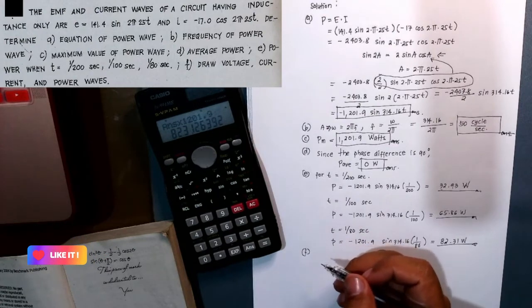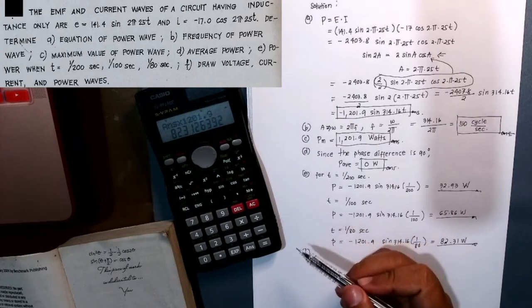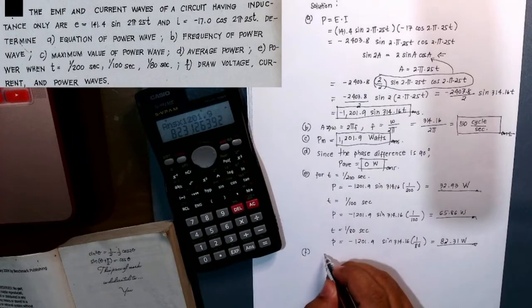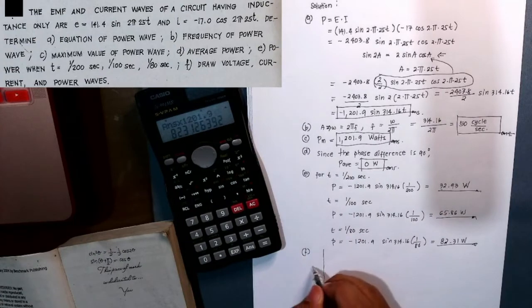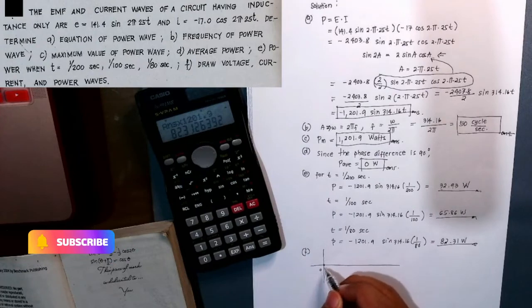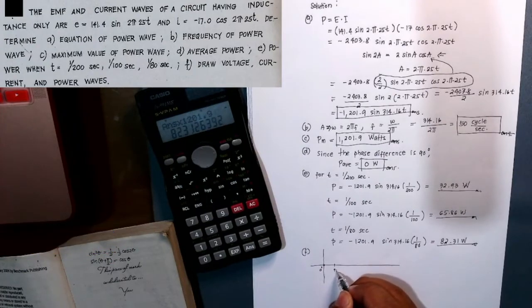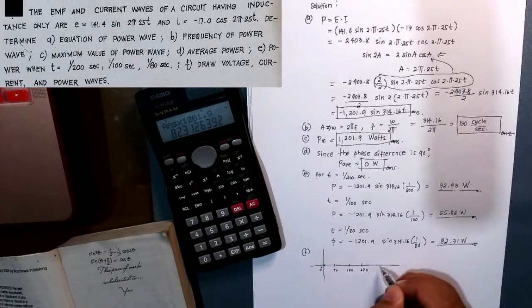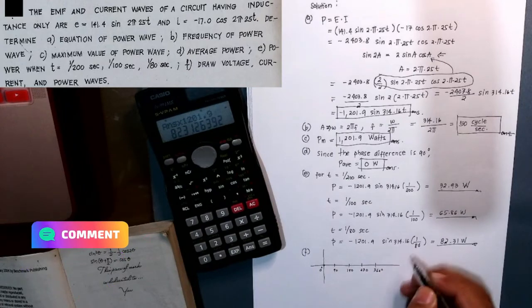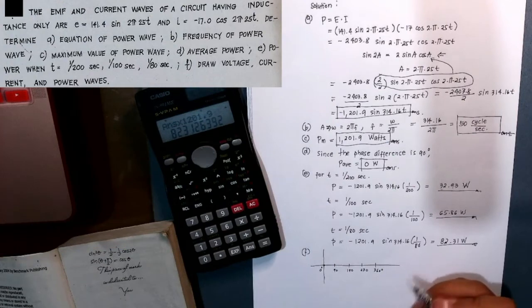So this will also explain to us letter D. So this is our XY plane, and this is 0 degree, this is 90, this is 180, 270, this is 360 degree. Plus 90 of 360, we have 450 degree.